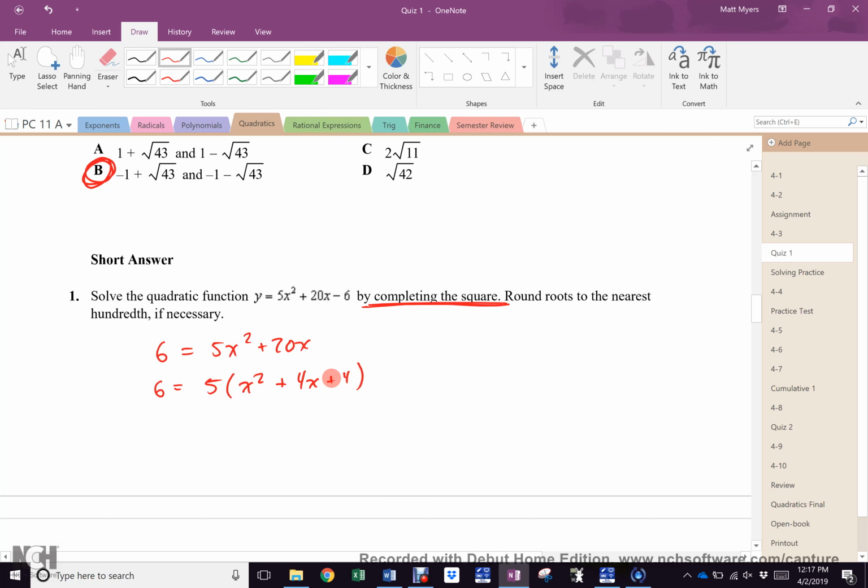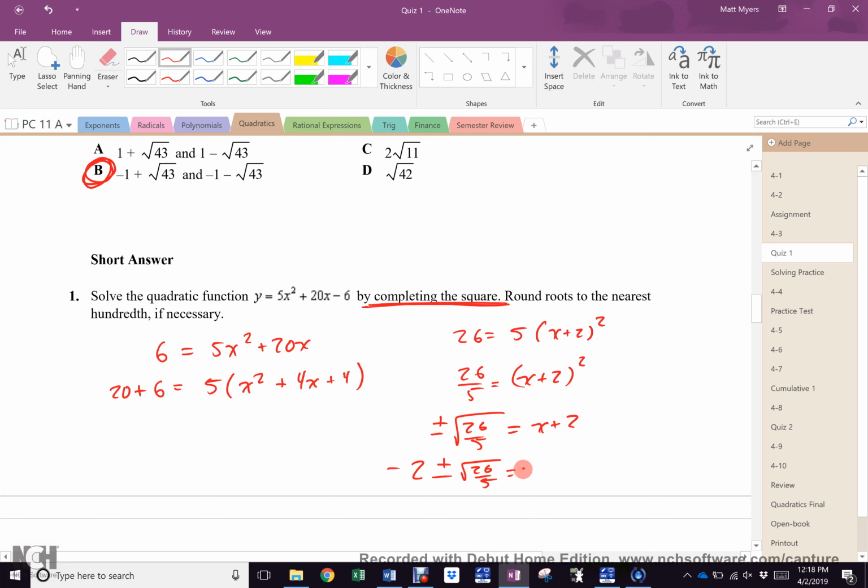So how much did I add to the right side? 5 times 4. 20. So how much do I add to this side? 20. So now 26 equals 5 times x plus 2 squared. 26 over 5 equals x plus 2 squared. Plus or minus the root of 26 over 5 equals x plus 2. Negative 2 plus or minus the root of 26 over 5 equals x.